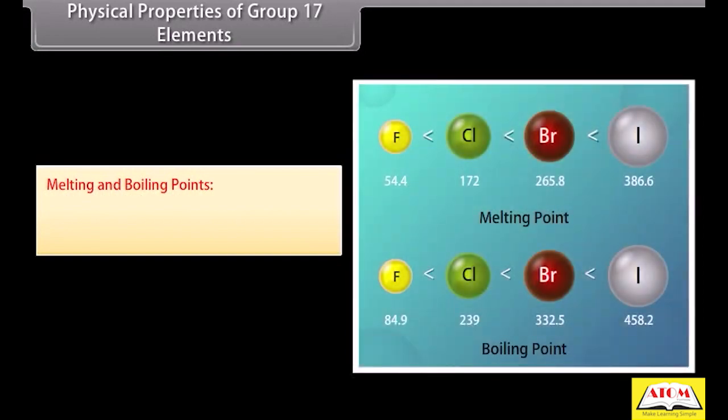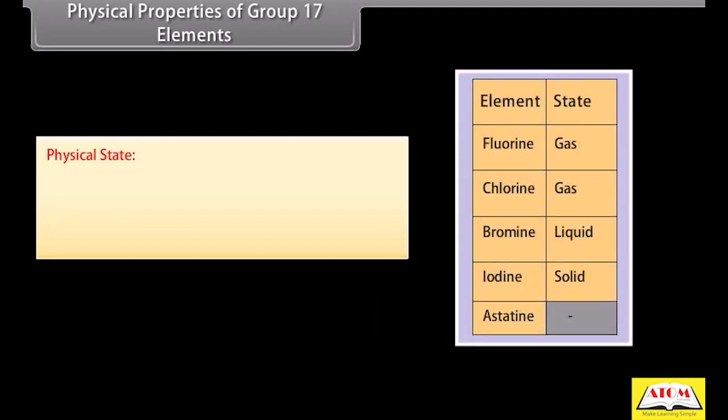Physical properties of group 17 elements. Melting and boiling points. Melting and boiling points increase with increase in atomic number. This indicates that the strength of intermolecular forces of attraction between the molecules increases with the increase in atomic number. Physical state.